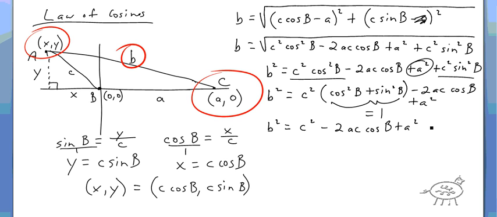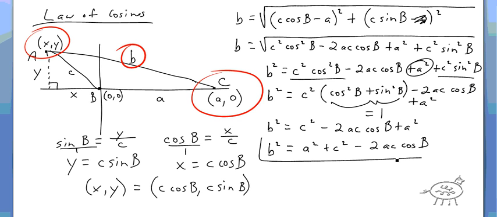Okay, so I'm just going to rearrange this a little bit because this is not too clean, but it's basically b squared equals a squared plus c squared minus 2ac cosine of b. This is the law of cosines. And just a couple ways to help remember it.